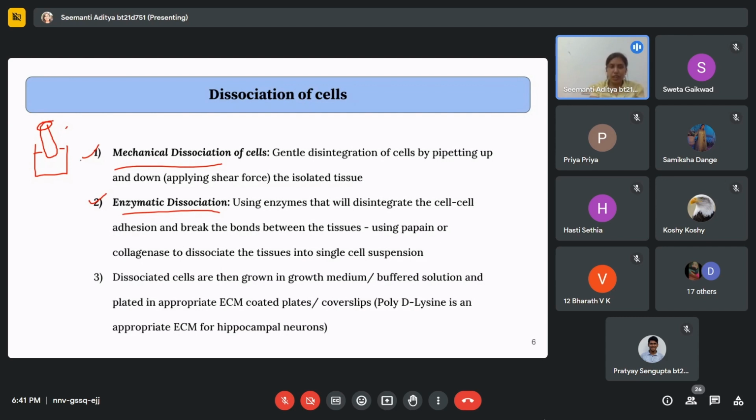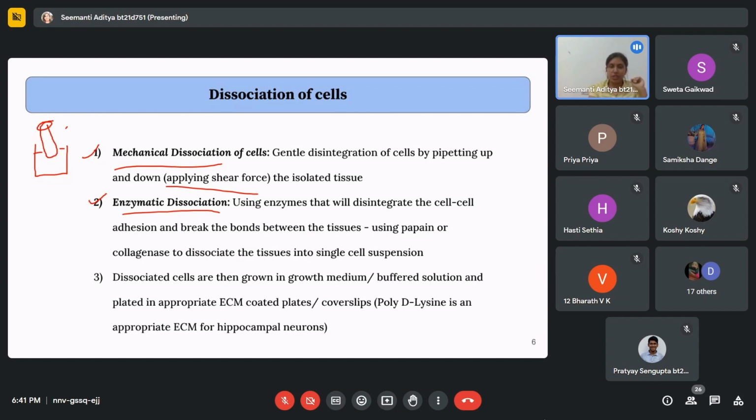Or we can just pipette it up and down if it is not a very hard tissue. If it is very fragile, then we can just pipette it up and down, and that will apply shear force, and it will cause the dissociation of the clumped tissue or the organ. So that is one, mechanical dissociation.